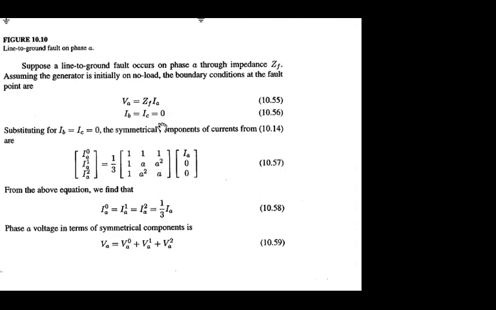That is for a single line to ground fault. From the I matrix equivalent, you have this relation.